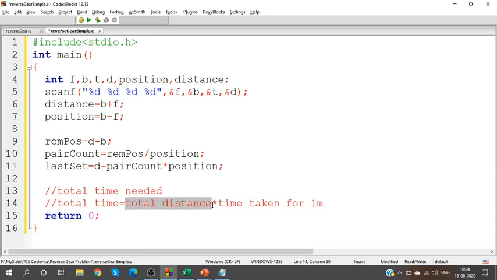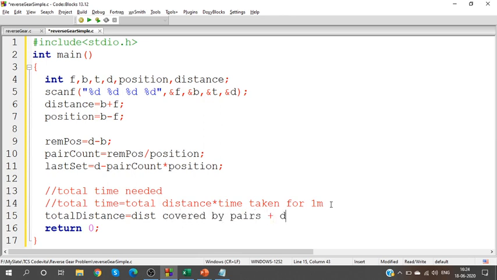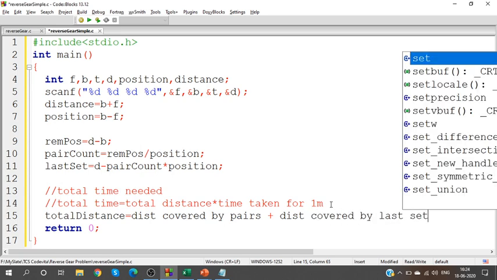What is the total distance and what is the time taken for 1 meter? Calculate that, you'll get the total time. Now, how will I get the total distance? Total distance is distance covered by pairs plus distance covered by last set.